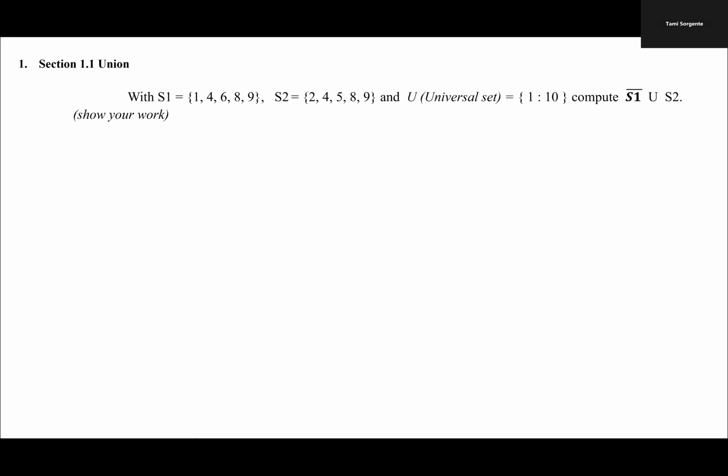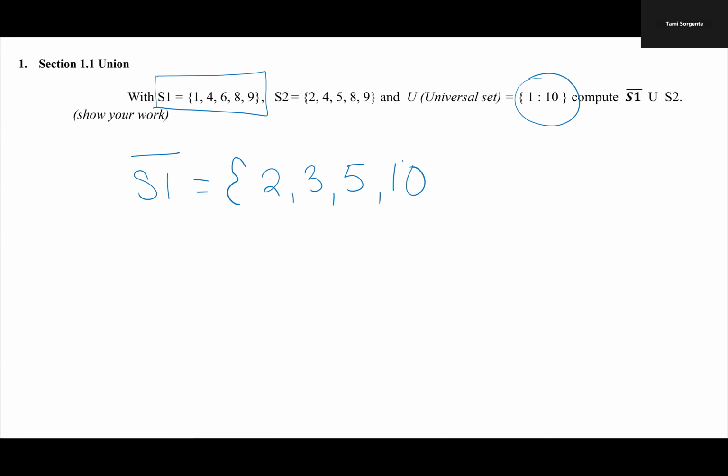So the universal set means it includes all the numbers from 1 to 10, including 1 and including 10. So if the set S1 is the numbers 1, 4, 6, 8, 9, then the set S1 complement is going to be 2, 3, 5, and 10.